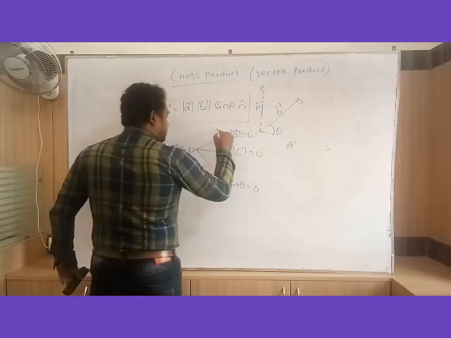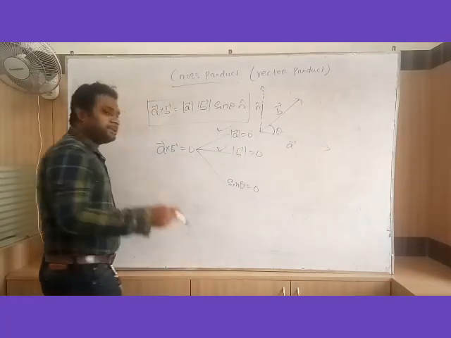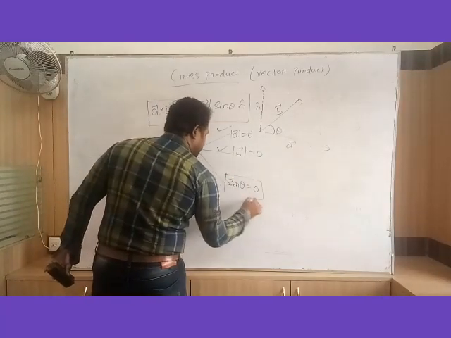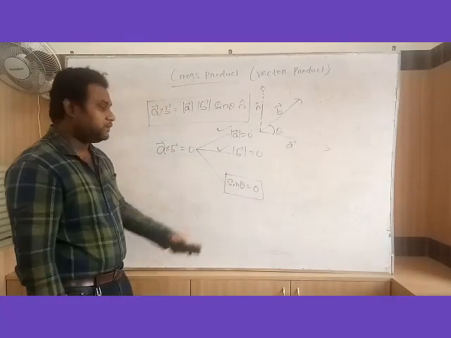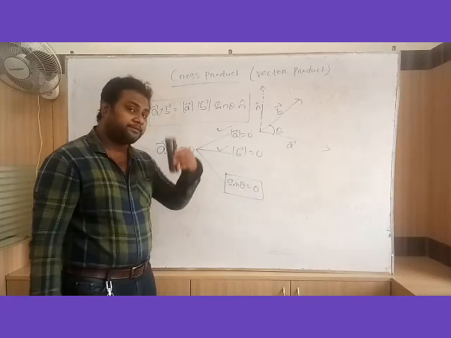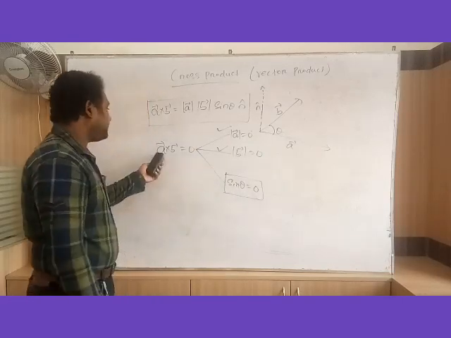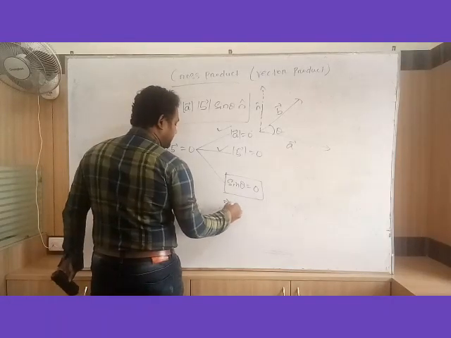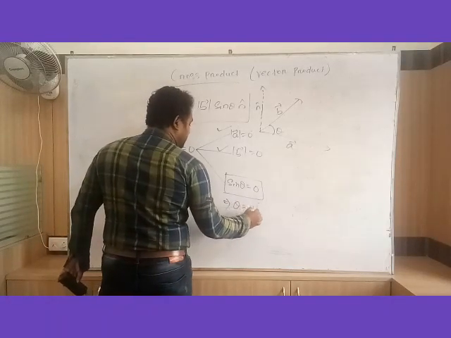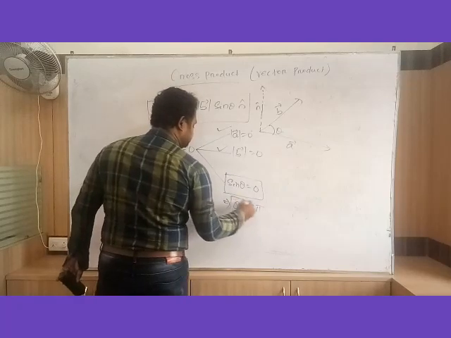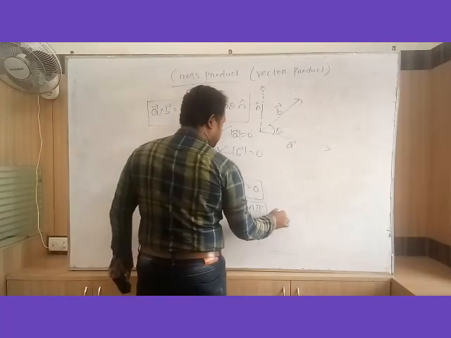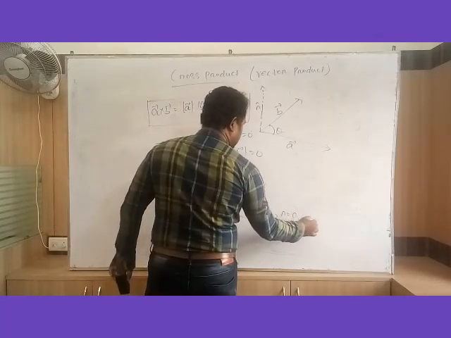Here the first two cases may or may not be given, but the main case is the third, sin theta equals 0. For what value of theta does A cross B become 0? Sin theta equals 0 implies theta equals n pi, for n equals 0, 1, 2, and so on.